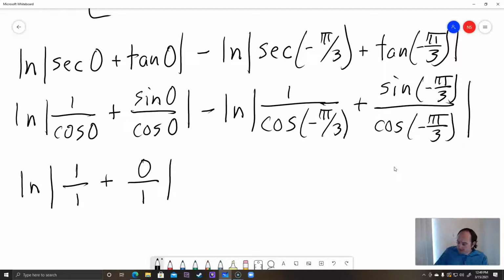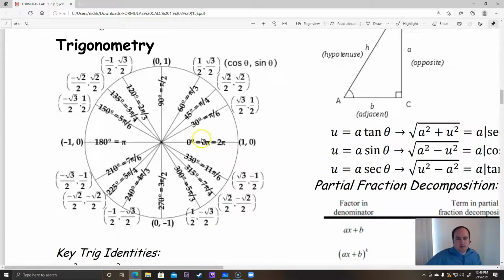All right, and then let's do the same thing, but for cosine of negative pi over 3 for the second part. So cosine of negative pi over 3, remember that negative pi over 3 is just measured clockwise instead of counterclockwise. So positive pi over 3 is up here, which means negative pi over 3 is down here, and negative pi over 3 is the same as 5 pi over 3.